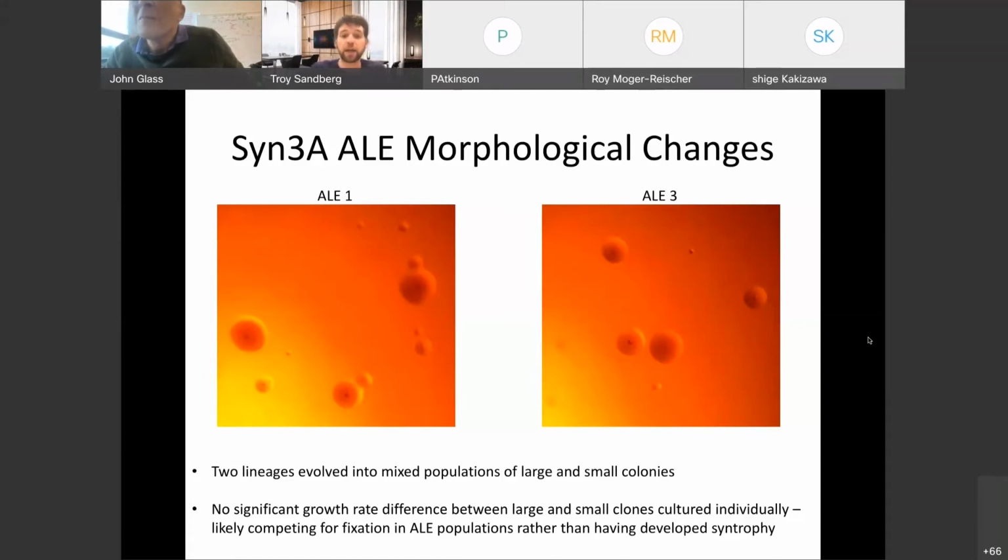The fact that they have about the same growth rate when measured independently, not cultured with the other, indicates that these are actually just competing mutants at roughly the same phenotype, and given sufficient time, you would see one of these win out. And so that shows that even with the slow asymptoting towards improved fitness, there's still room for improvement, and further sweeps would be possible if evolution were kept going.